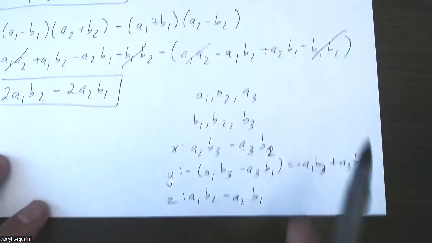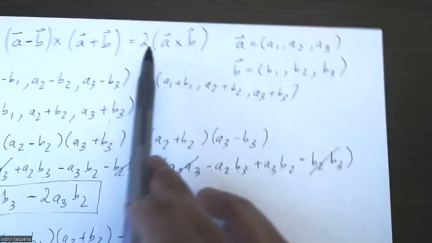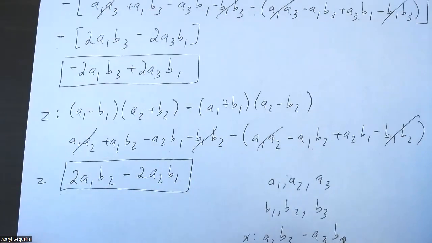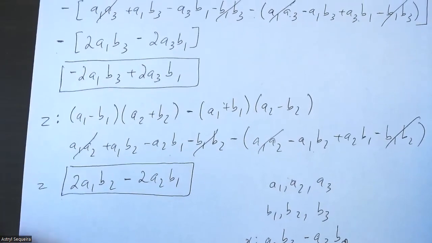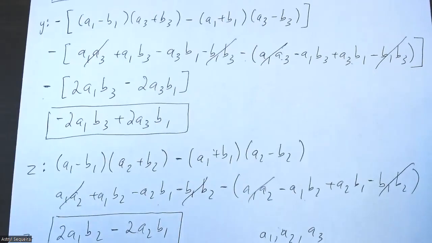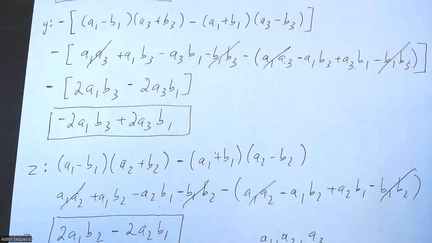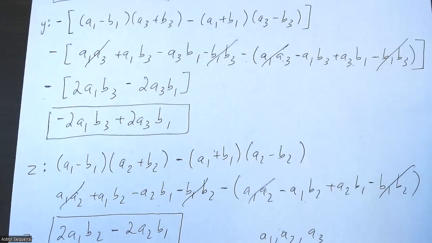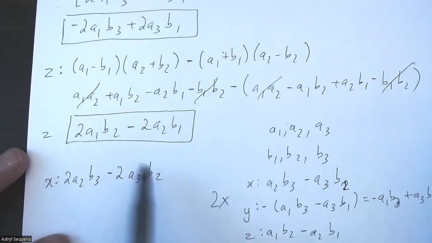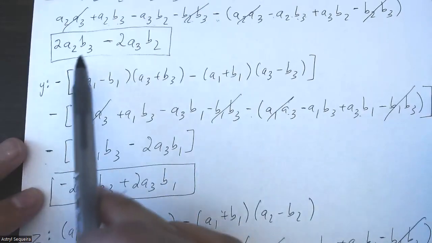Okay, now all I have to do is multiply these by 2 because my proof is to multiply these by 2. So if I multiply all of these by 2, you'll notice that the components will be exactly the same. The new x component of the right side here is going to be 2a2b3 minus 2a3b2, and now this is going to match this solution exactly.